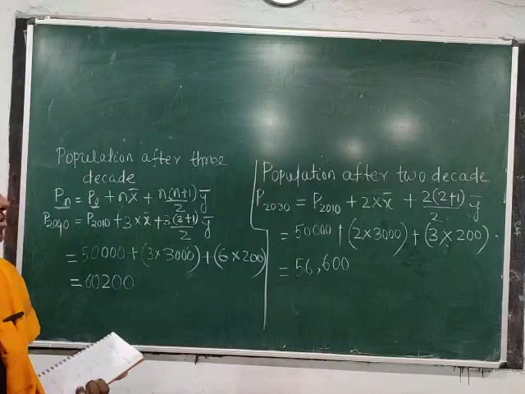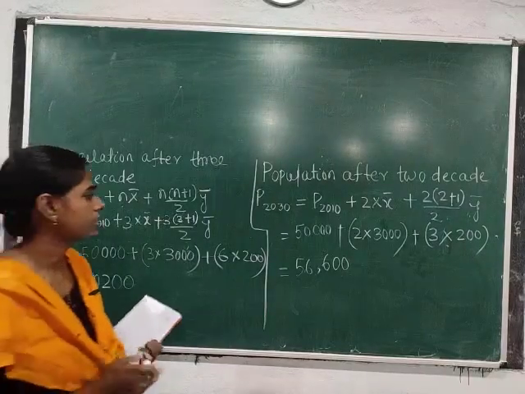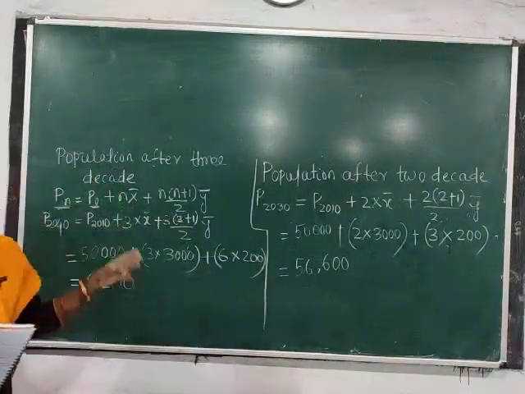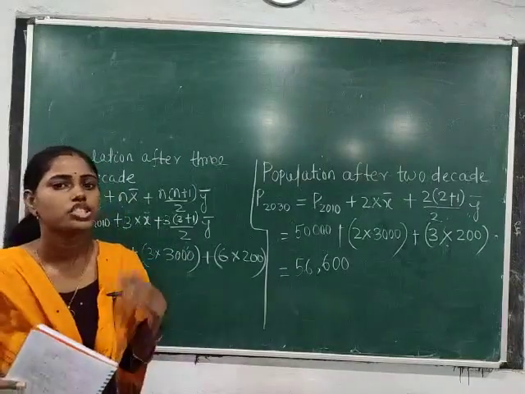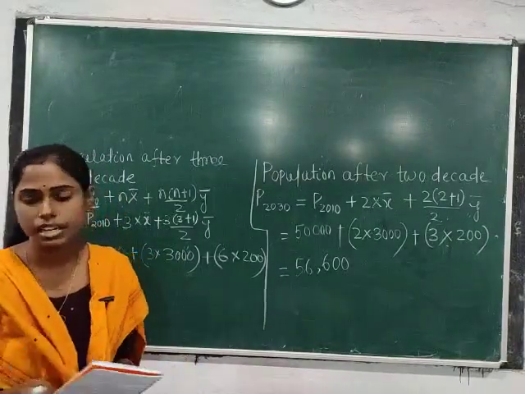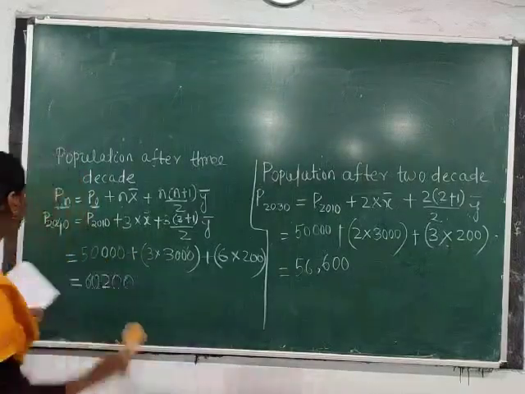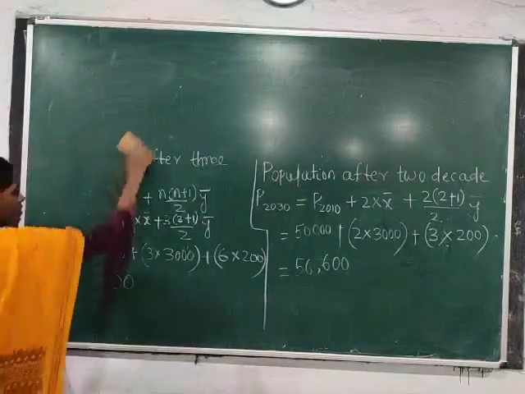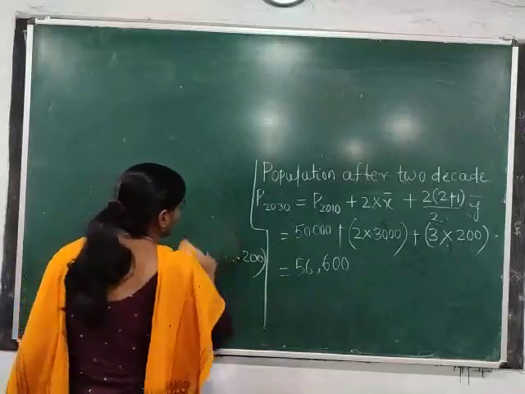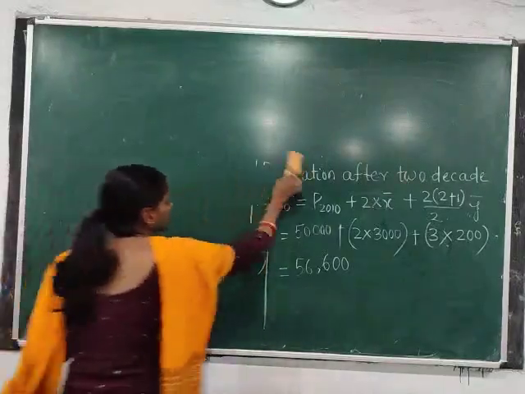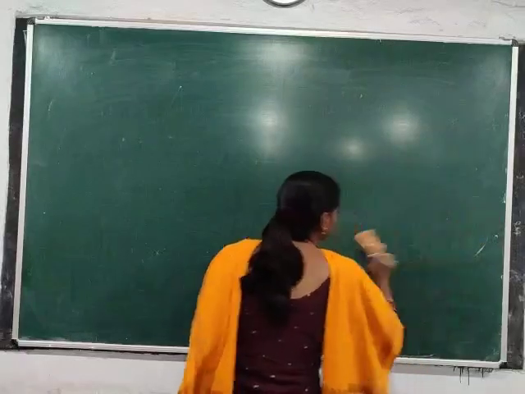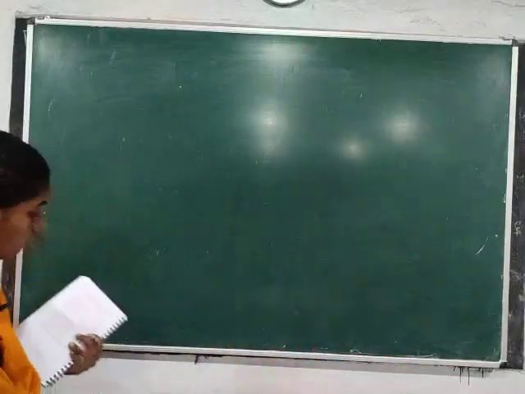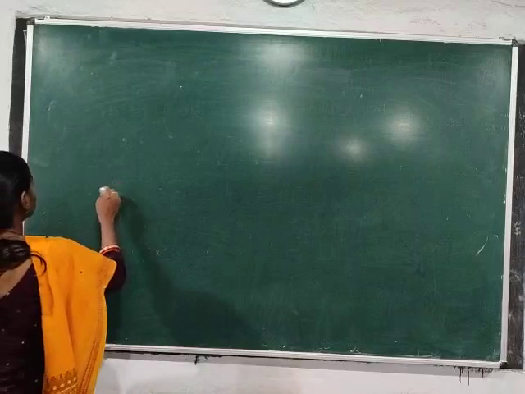So, we can compare these results for the same problem using the arithmetic, geometric and incremental increase methods. So, let us compare the results for the same data. What are the values for these methods?